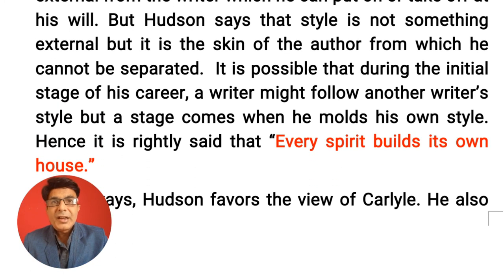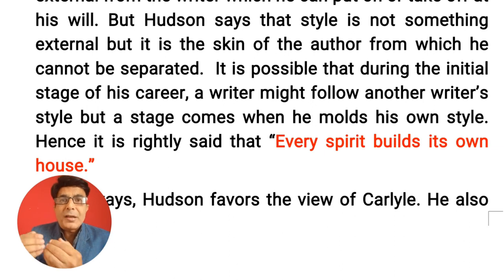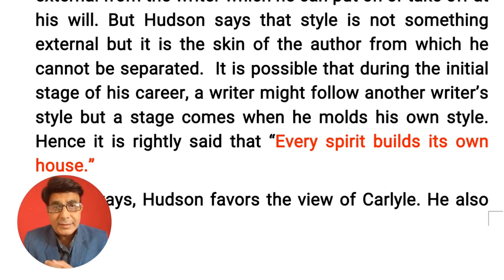It is possible that during the initial stage of the writer, say for example a young writer of your age, he or she starts writing poetry, drama or novels, adopts somebody's style, and tries to imitate some popular poet. So he doesn't have his own style.